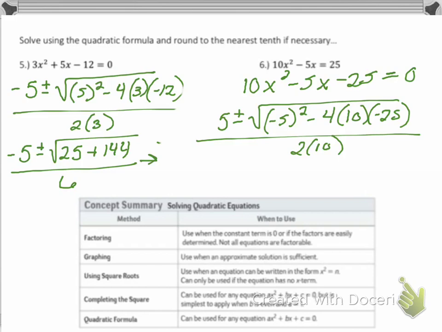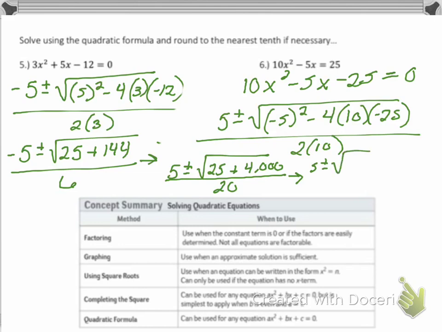So if I simplify this, this is going to look like 5 plus or minus the square root of 25 plus 4,000 all over 20. And then that's going to be 5 plus or minus the square root of, I'm getting out of room here, so 4,025. Here's going to be a decimal, all over 20.